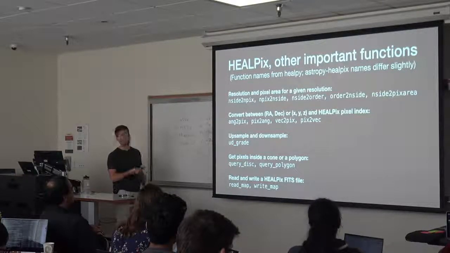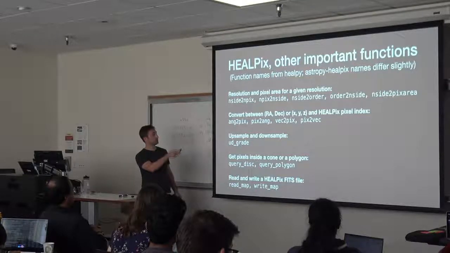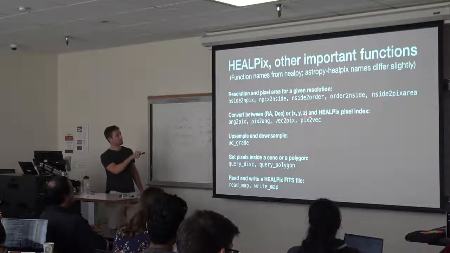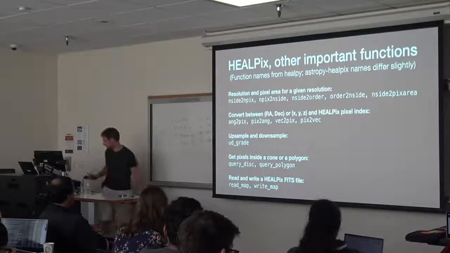So you have functions for converting between different representations of pixel resolution, so converting between n side and n pix, and so on and so forth. Converting between right ascension and declination and HEALPIX index, or between Cartesian position and HEALPIX pixel index. Upsampling and downsampling, getting pixels inside a cone or a polygon, and reading and writing files.